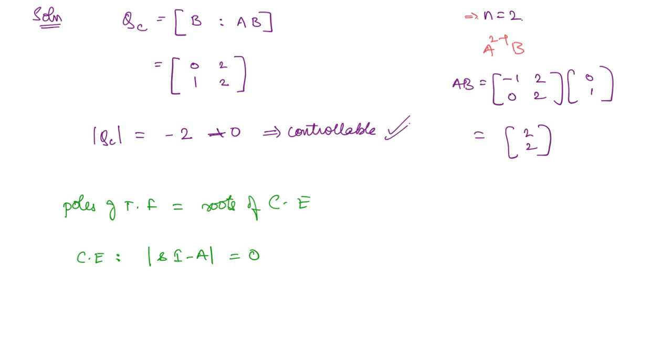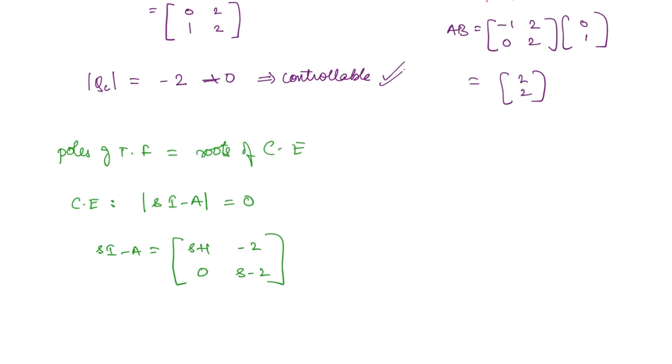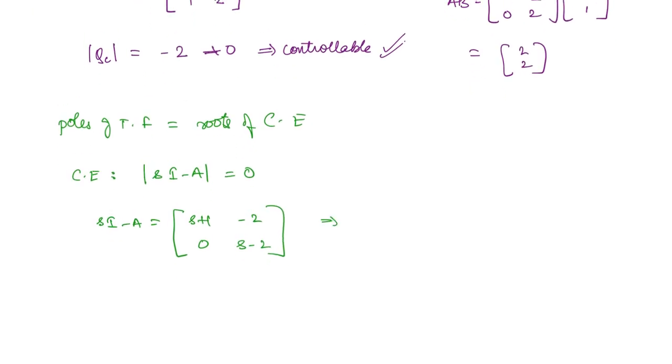So what will be sI minus A? It is [s+1 -2; 0 s-2]. The characteristic equation is the determinant of sI minus A, which is (s+1)(s-2) equal to 0. This means that s is equal to -1 and +2.